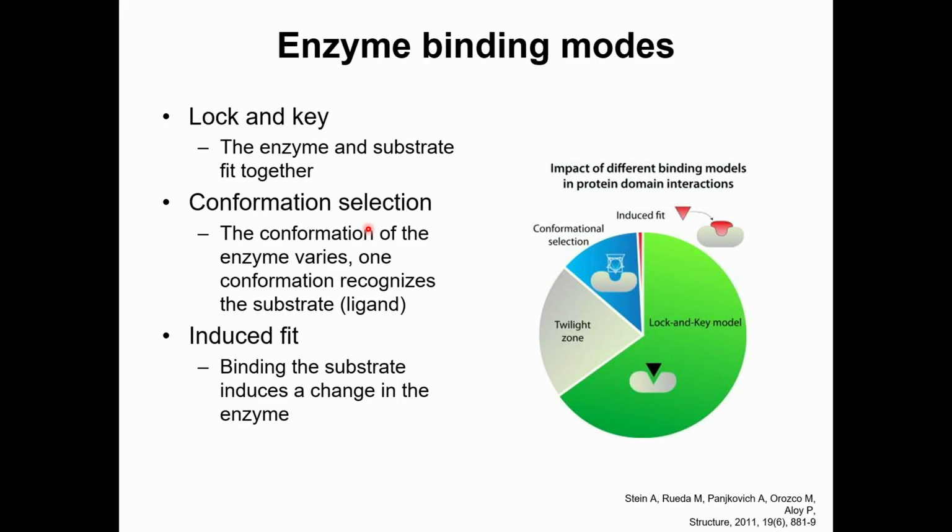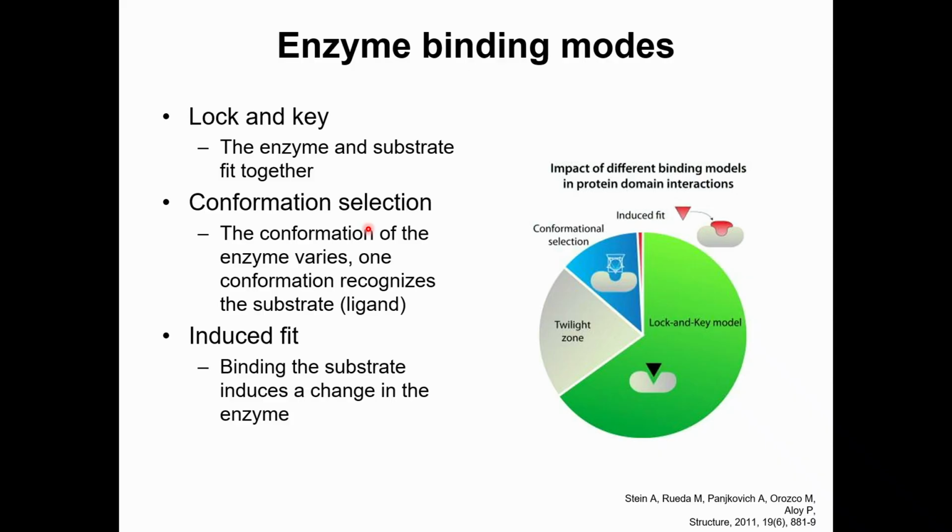There are other cases where what's going on is called induced fit. The enzyme never quite has the active structure, but once it binds the substrate, that interaction induces the enzyme to change its structure slightly, and now it can become active. So those are the three general modes by which different enzymes work: lock and key; conformation selection, where you're selecting a particular conformation out of many possible conformations; and induced fit, where binding of the substrate to the enzyme actually changes the structure of the enzyme a bit.